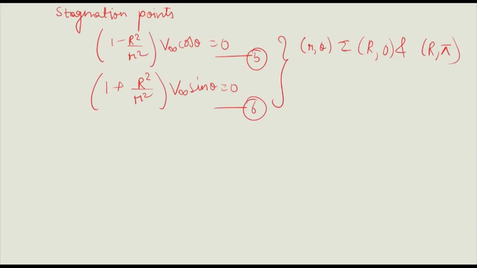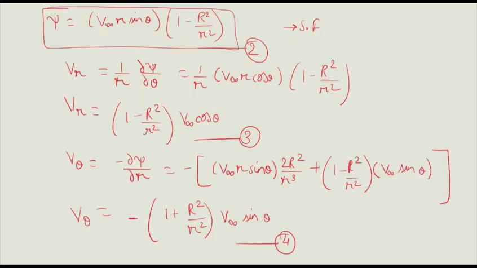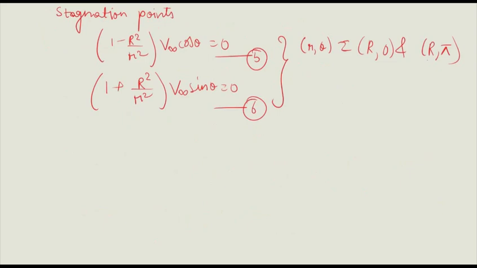Small r is equal to R and theta is equal to pi. Upon substitution in equation 2, I would get psi equal to 0.